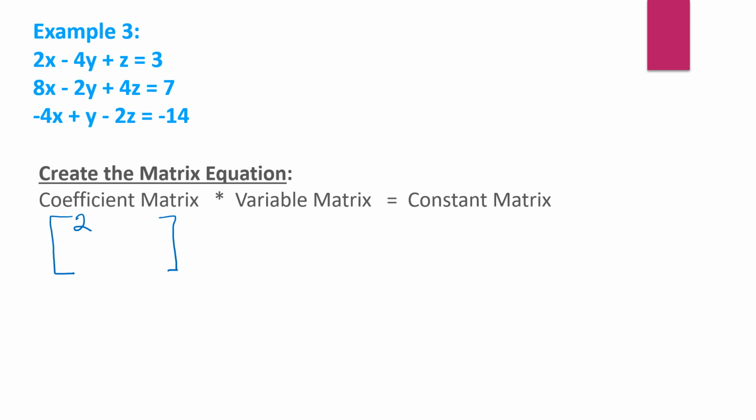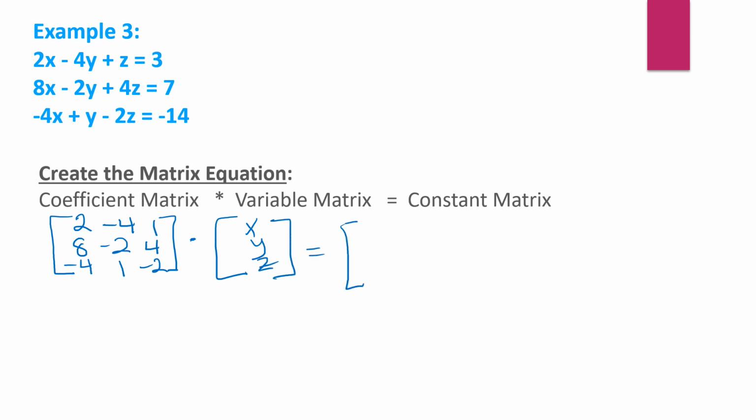So 2x -4y plus z will be 2, -4, 1. 8x minus 2y plus 4z would be 8, -2, and 4, and -4x plus y minus 2z would be -4, 1, -2. That is our coefficient matrix multiplied by our variables x, y, and z, and our constant matrix is represented by 3, 7, and -14.